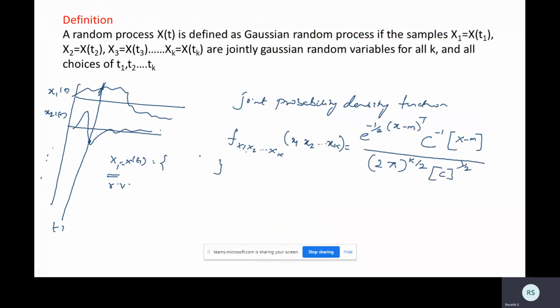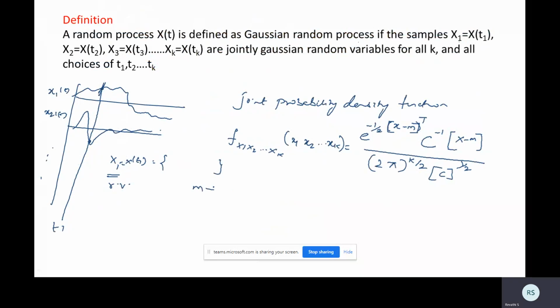Here, x is the random variable vector, and m is the mean, which is a vector of means.